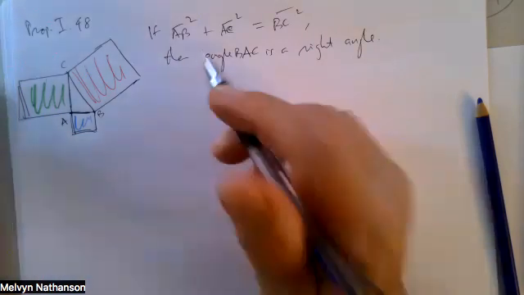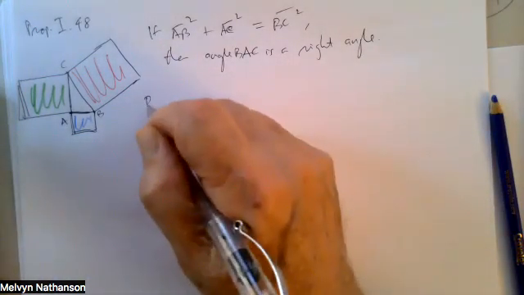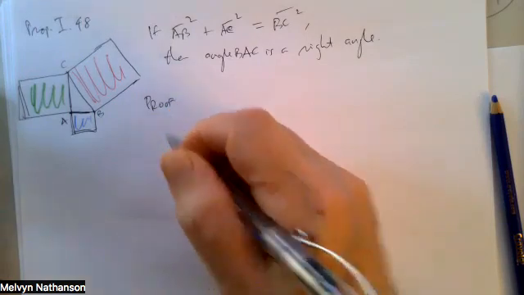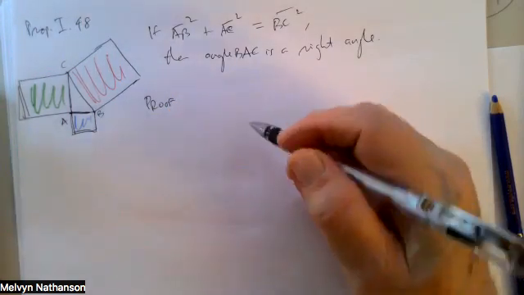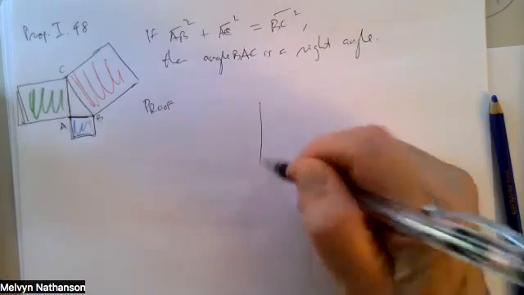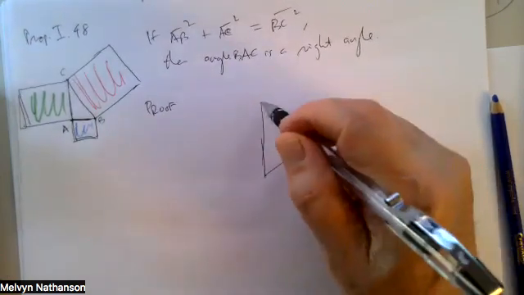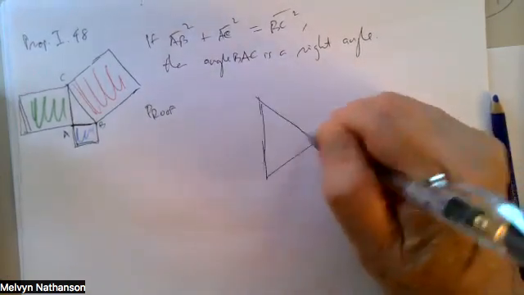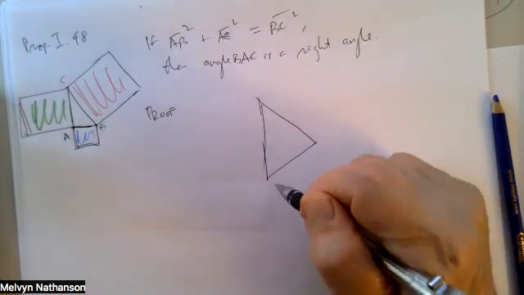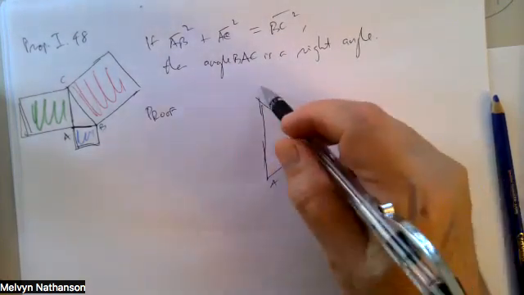So let me give the proof. So let's say this is triangle ABC.